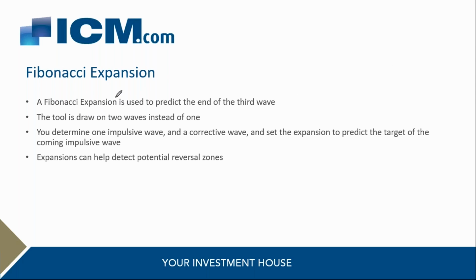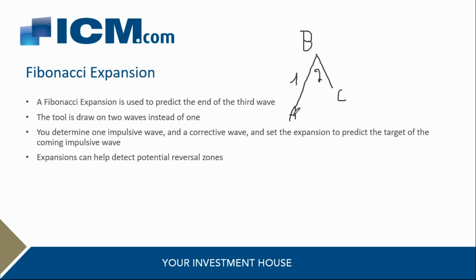So the expansion is similar to extensions and retracement, but for expansion, I have to decide on 2 waves. When I'm drawing the extension and retracement, I'm just taking from point A to B. But to draw the expansion, I have to set A, B, and C. So I have to decide on the first wave, which is an impulsive wave, and on the second wave, which is a corrective wave.